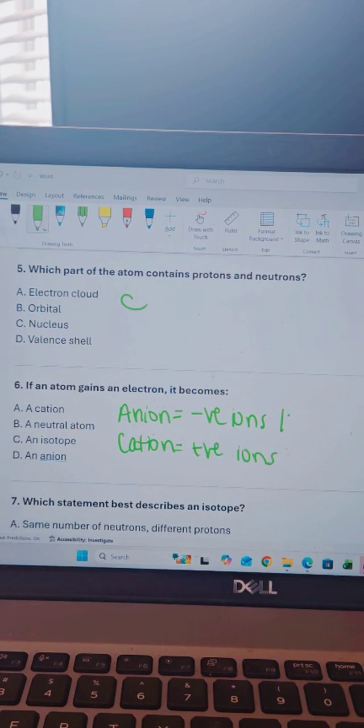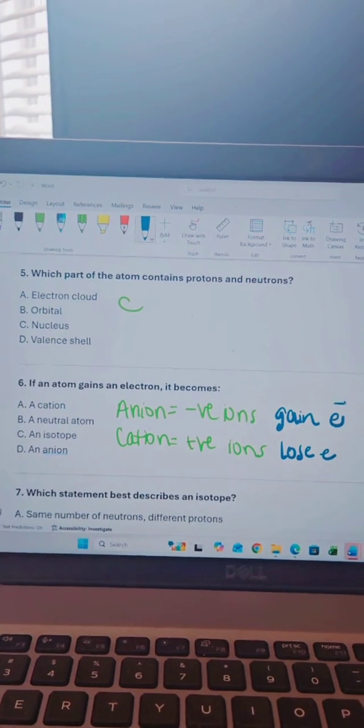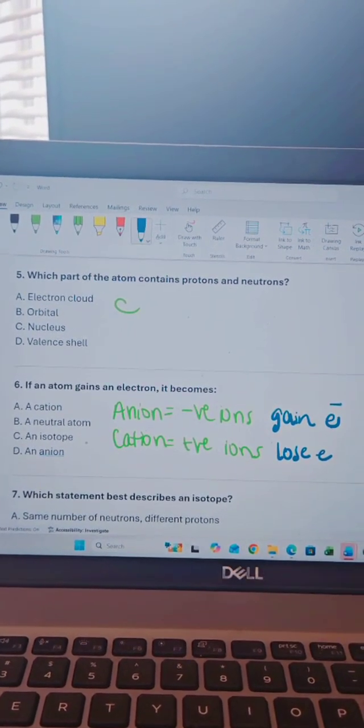If you are negatively charged, that means you have the ability to gain an electron. And if you are positively charged, you have the ability to lose electrons. So the answer to number 6, if an atom gains an electron, that means it is an anion. So letter D.